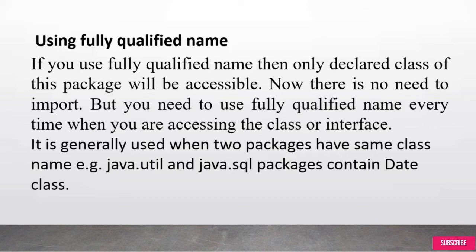It is generally used when two packages have the same class names. The java.util and java.sql packages both have a Date class. In such cases you can specifically mention from which package you are going to get the Date class.